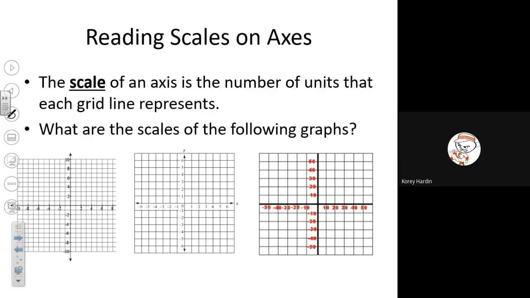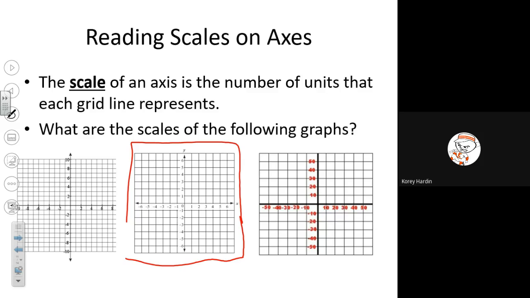Now, this is one of the last few things I'm going to talk to you about today, but this can get a little tricky. Okay. The scale of an axis is the number of units that each grid line represents. What are the scales of the following graphs? All right. So the graph in the middle, this is normal. I'm counting by ones.